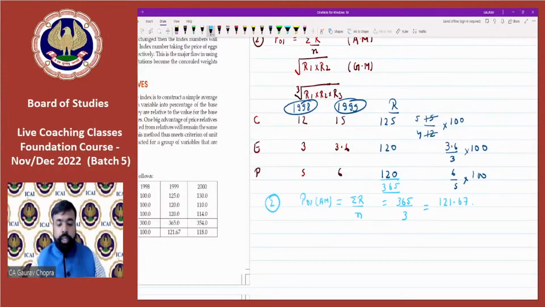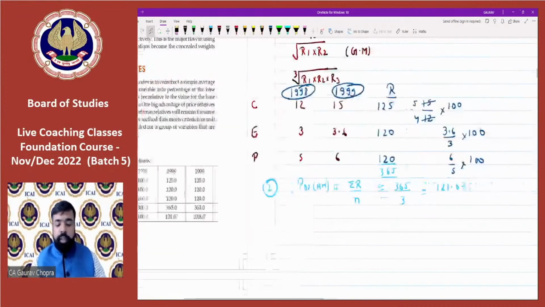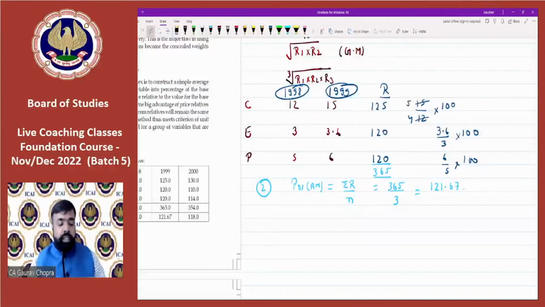All right. So in this manner, we can calculate simple average of price relative method, and this is the index number. Similarly, if we want for 2000, we can calculate that also. So what is basically price relative?